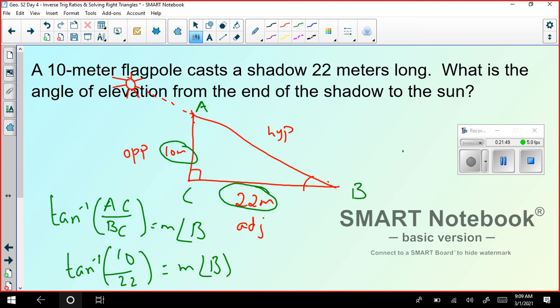The blinking highlighter should come on degrees, then you can clear, and you have to use tan inverse of 10 over 22. To get the inverse, you are going to use second and click on tan. There is a tan button on your Texas Instrument calculator, and above it there is a blue tan inverse.